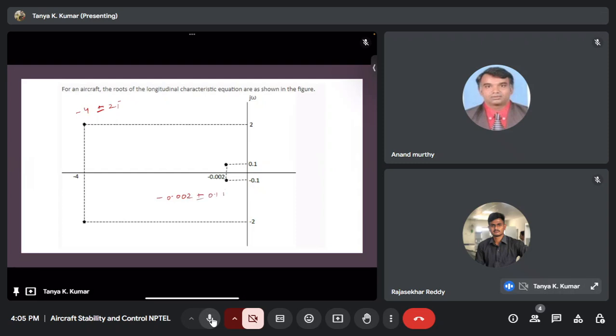So which one is short period, which one is phugoid? Can you tell me that based on the discussion that we just had? Which is short period, which is long period?